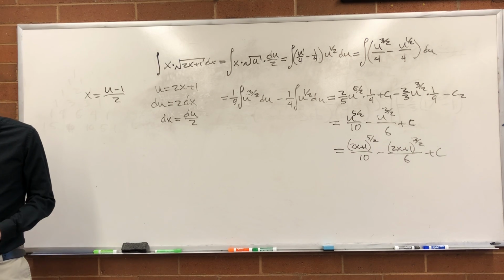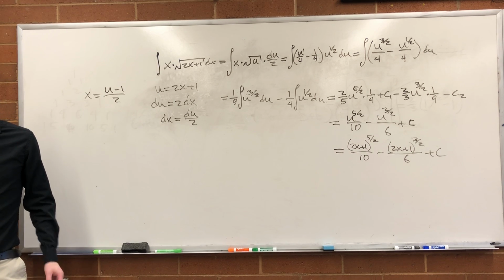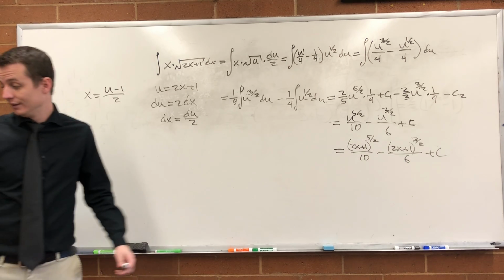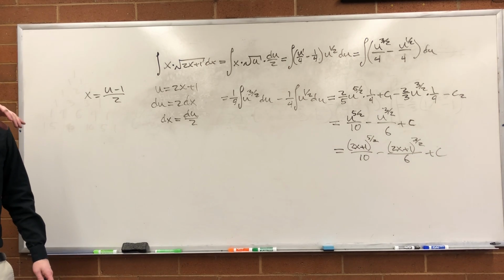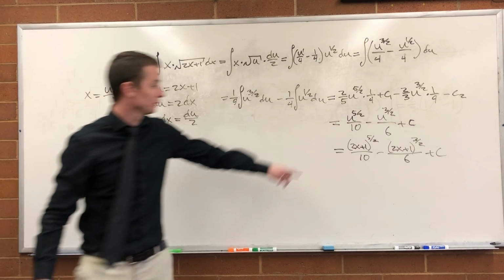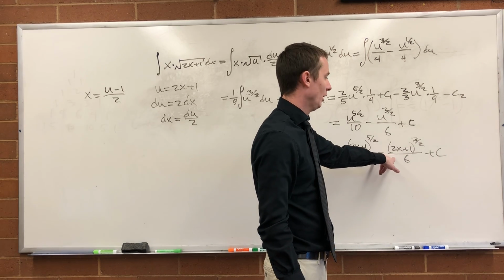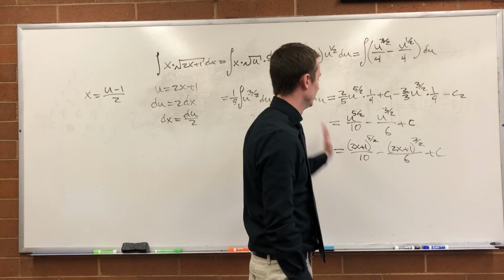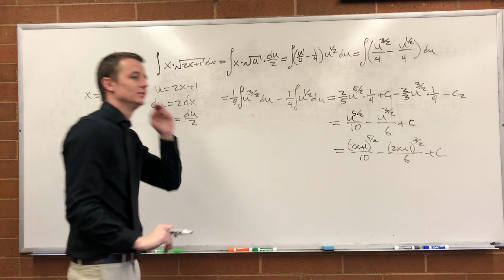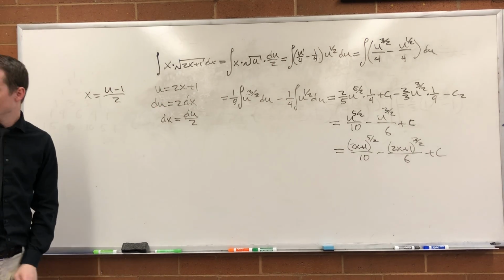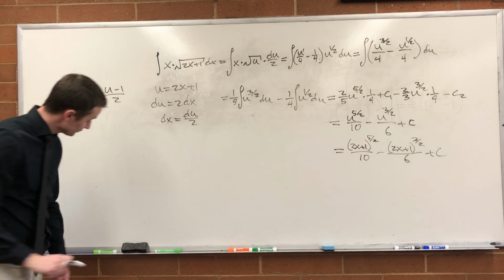Let's see, when he writes his answer, does he factor out? No, he leaves it like that, so we'll leave it like that. We could get a common denominator, then factor it out and combine terms, but I'm not going to worry about it. It's fine like that.